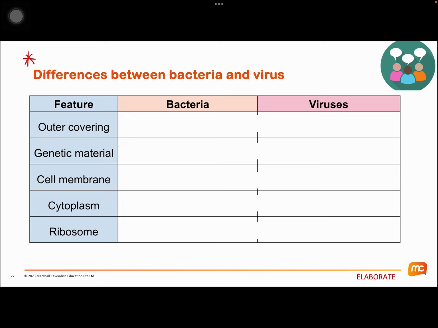Not just bacteria and virus, you can also compare with plant and animal cell in a separate table. I'll cover that when I am giving instructions on the summary notes that I would like each and every one of you to do after every single chapter. Press play when you are ready to look at the answers.